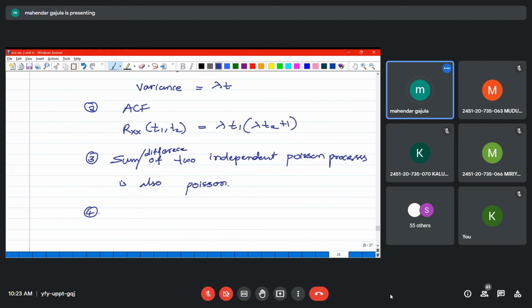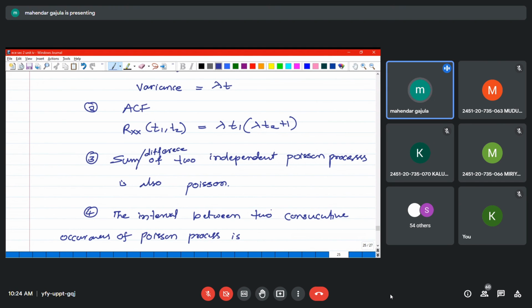The fourth one, the interval between two consecutive occurrences of Poisson process is an exponential random variable.